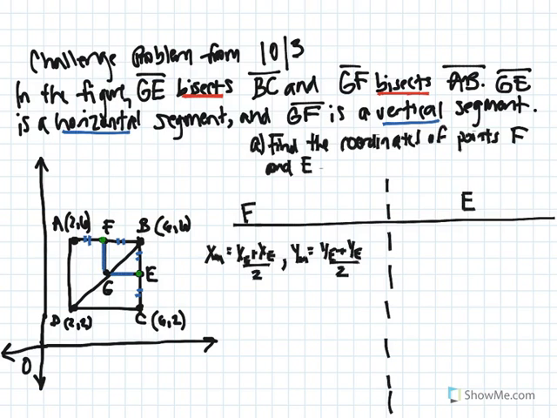We're looking for point F's coordinates, okay? So we're going to have x midpoint equals the two x endpoints, which are 2 plus 6 over 2. That gives us 8 divided by 2 is 4, so xm equals 4.